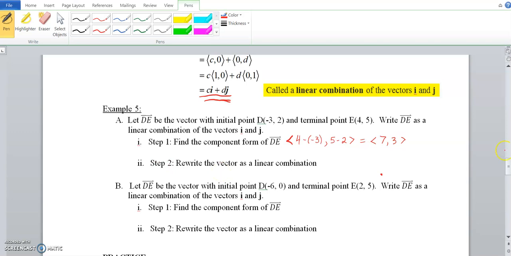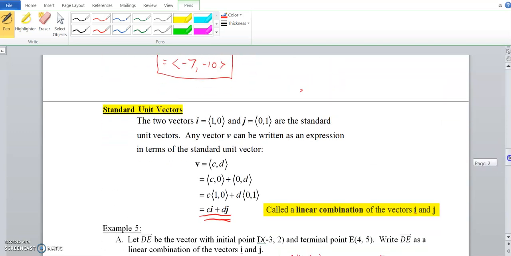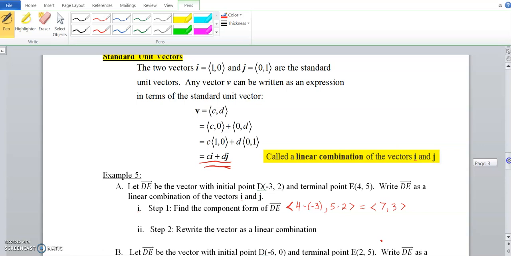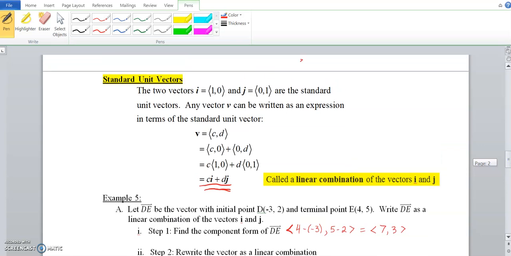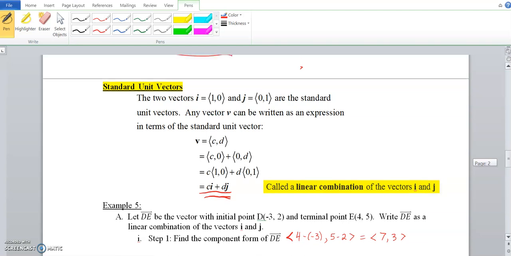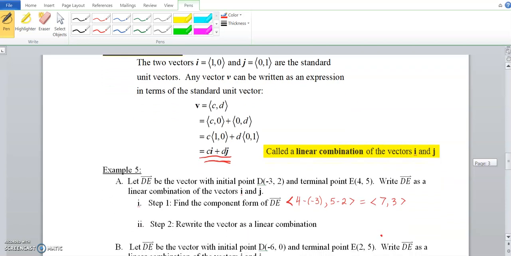If you look at what we did from start to finish, if we had a vector c comma d, in our case 7 comma 3, to go from component form to linear combination form, we have c and d, and we write it as c i plus d j.